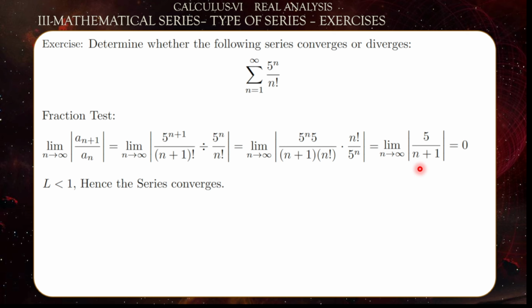So we end up with the limit of 5 divided by n plus 1 as n approaches infinity, which is equal to 0, because 5 is divided by a very large, infinite number. So since L, the limit, is less than 1 and it's equal to 0, which is a much better indicator, hence the series converges.